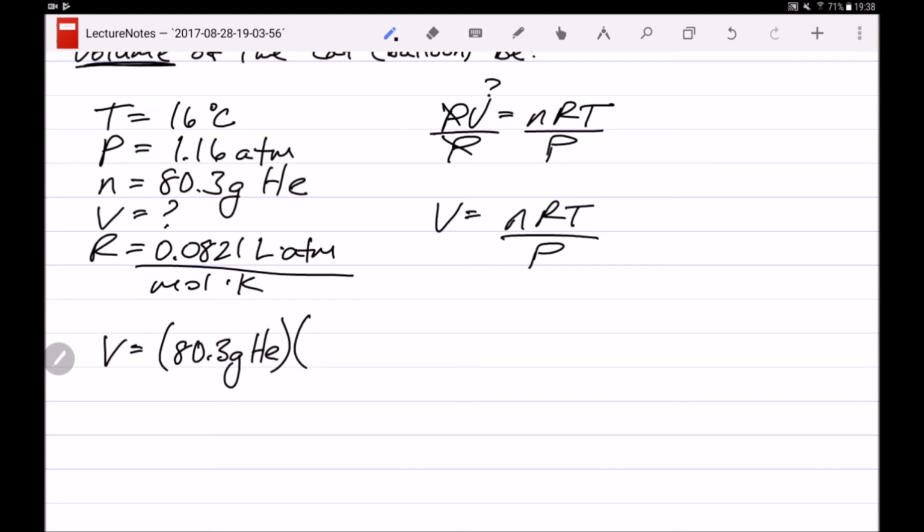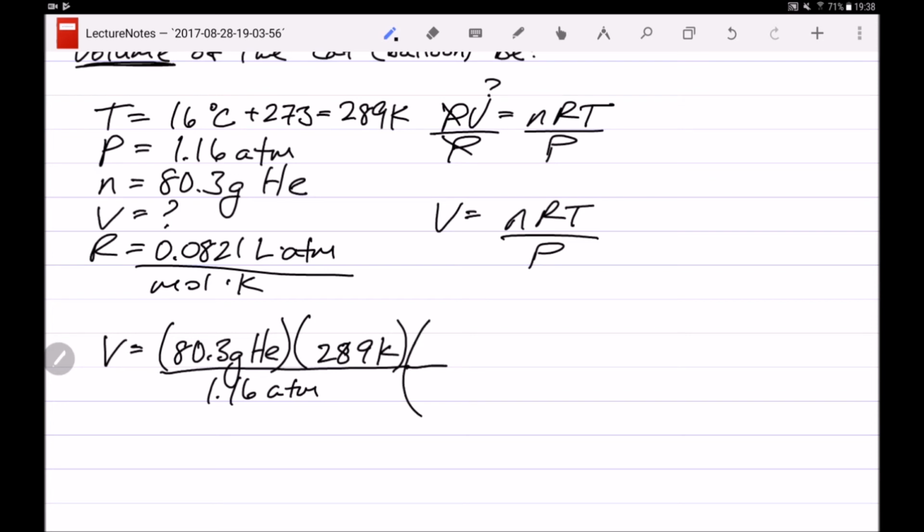T, I should have converted that into Kelvin. So 16 plus 273 is 289 Kelvin. And then P is on the bottom, 1.16 atmospheres. And then I'm just going to keep multiplying.